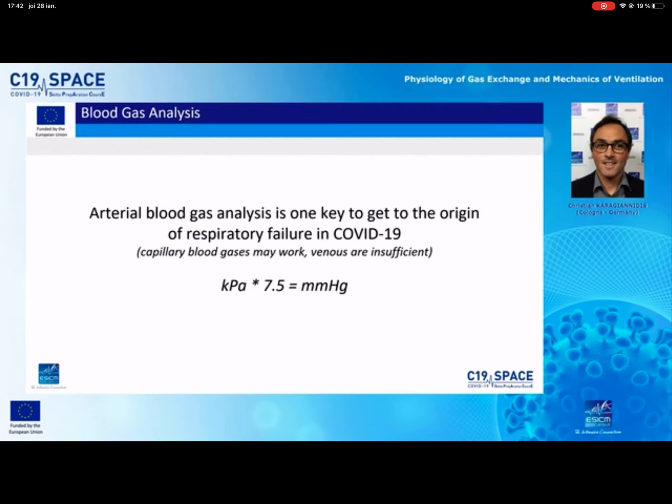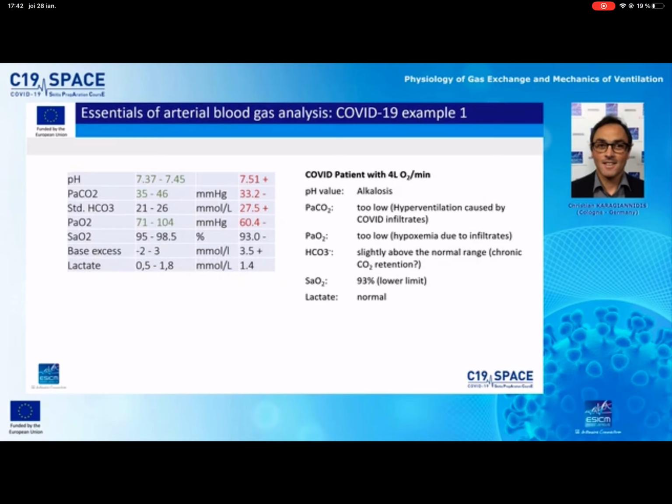The formula to translate kilopascal in millimeters of mercury, by the way, is kilopascal times 7.5 to get it in millimeters of mercury. And to get to the blood gas analysis, let me show you 4 patients with COVID-19.